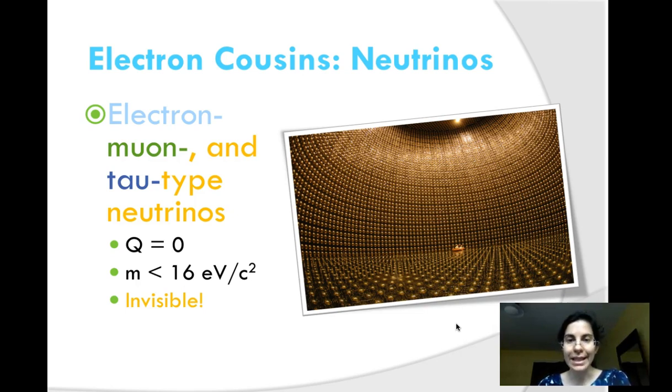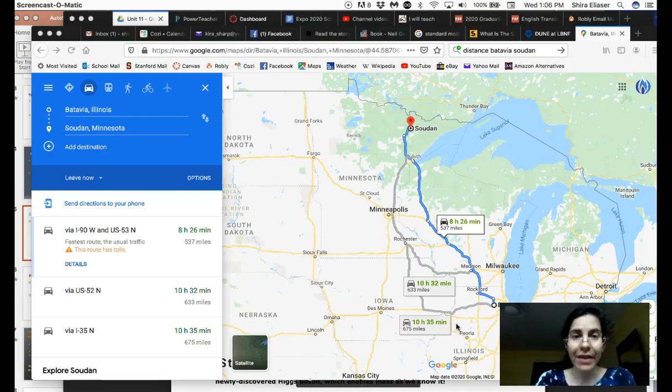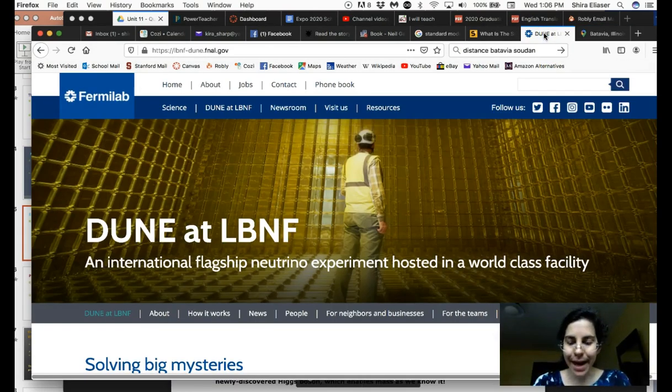The detector needs to be at minimum the size of a very large building, and better still, Dune, which is what Fermilab is working on now in 2020, is setting up the neutrino beam here in Batavia, Illinois, and the target is in an abandoned mine underground in Sudan, Minnesota, more than 500 miles, more than 800 kilometers away. This is the kind of scale we need to get a neutrino to interact with anything to let us know it's there, much less measure its mass.